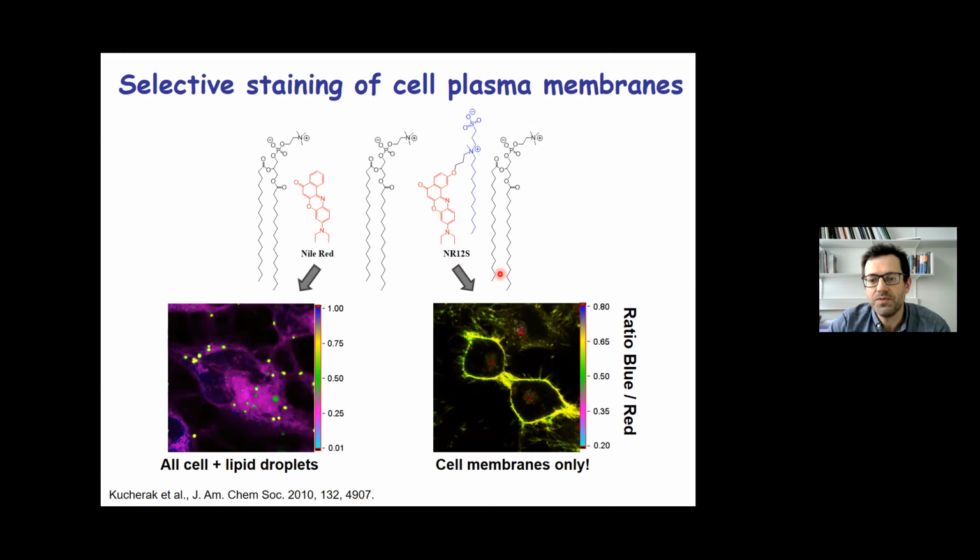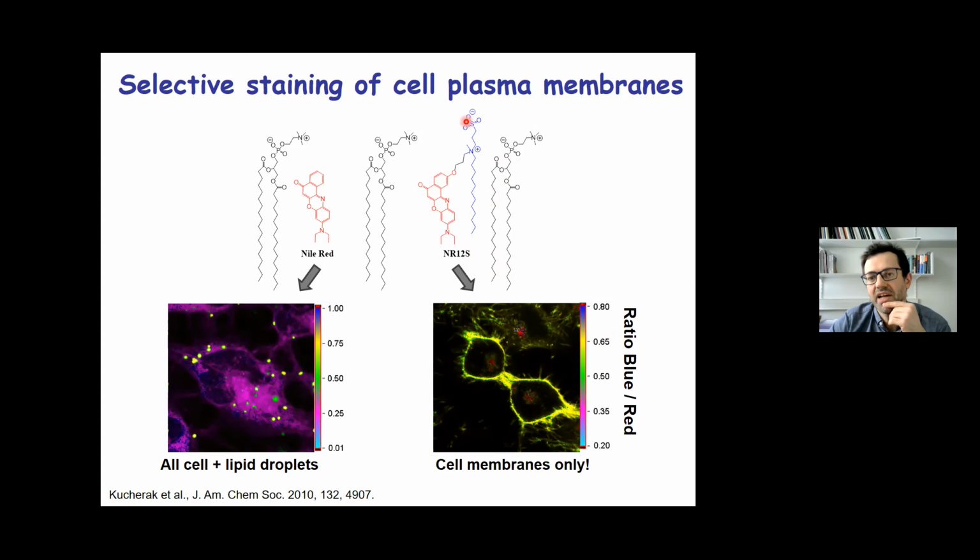So to do more specific imaging, you need to add a targeting group. More than 10 years ago, we developed the first prototype of Nile Red that stained specifically the cell plasma membrane.